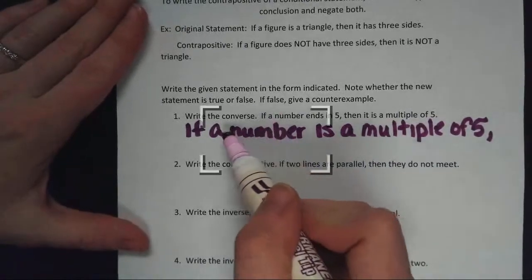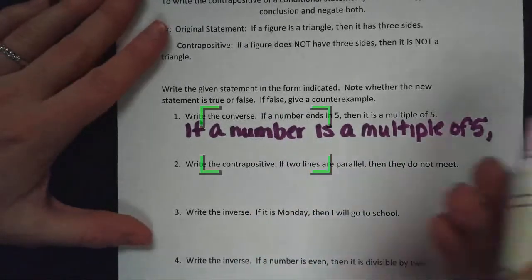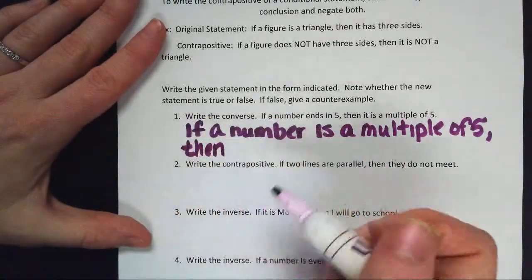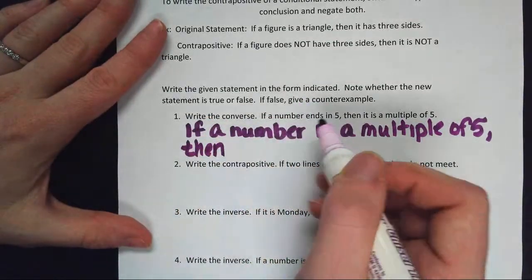So we wrote if, and then we wrote the conclusion. So now, to finish it, we write then, and then write the hypothesis. It ends in 5.